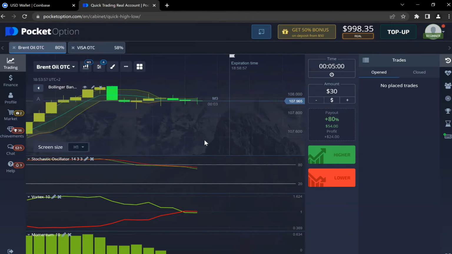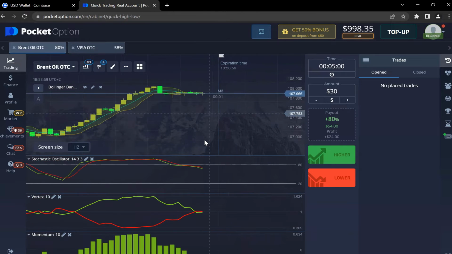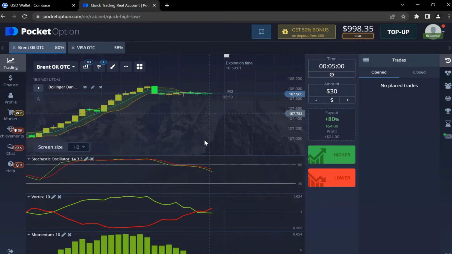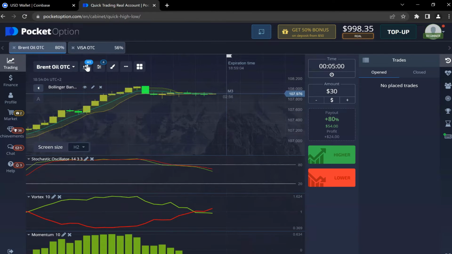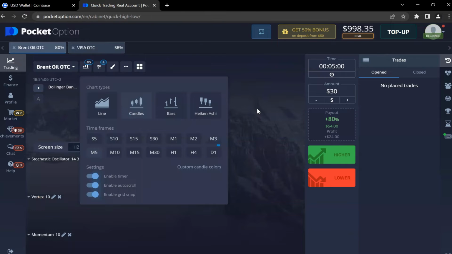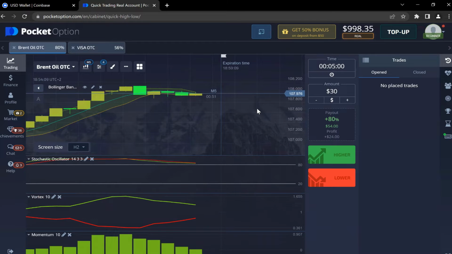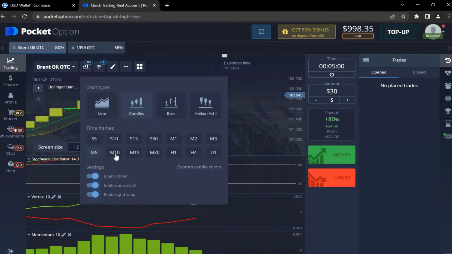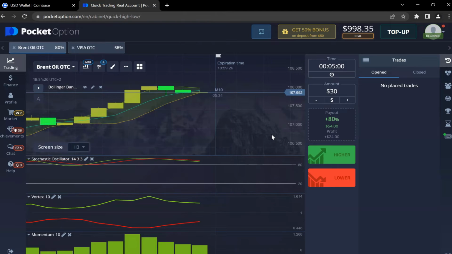Let me see. It looks like it's trying to go on the downside, man. It sure do look like it.